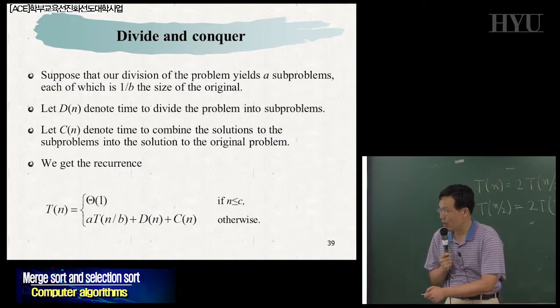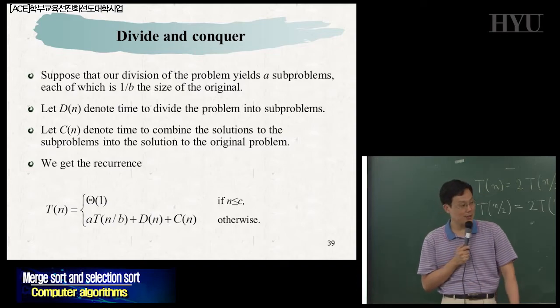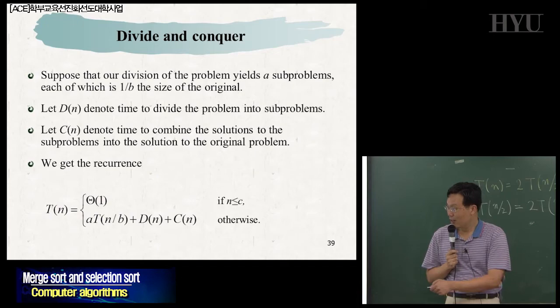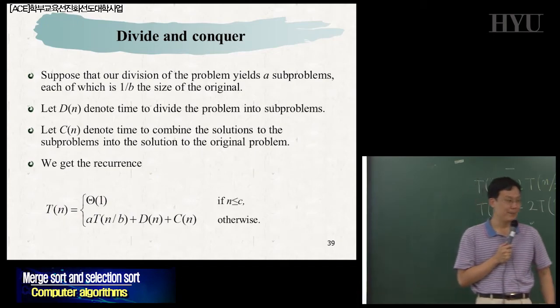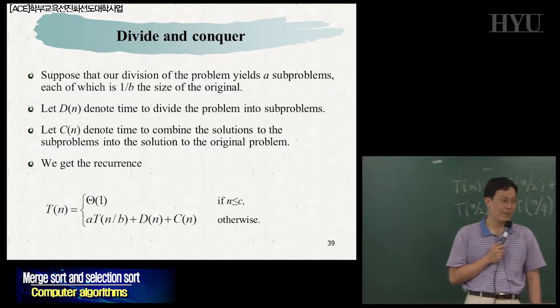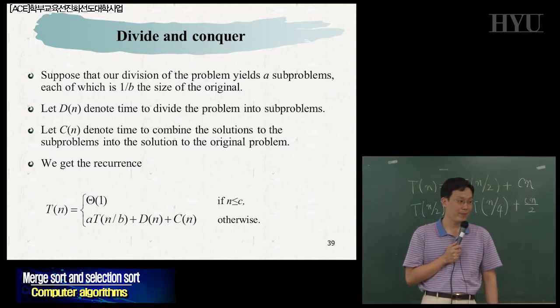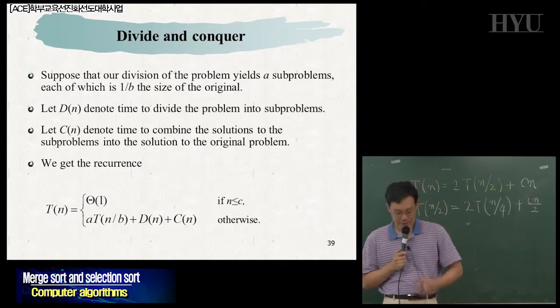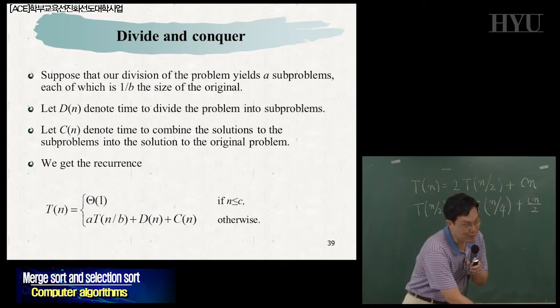Can you explain the first term? Why it has this form? n over b is the size of the subproblem. And a is the number of divided subproblems.